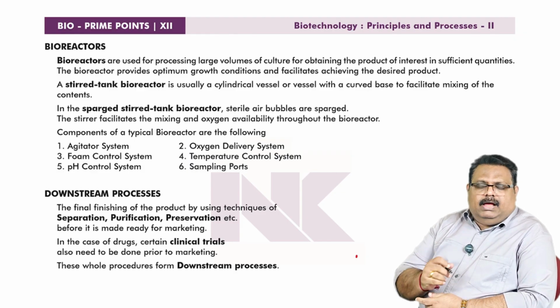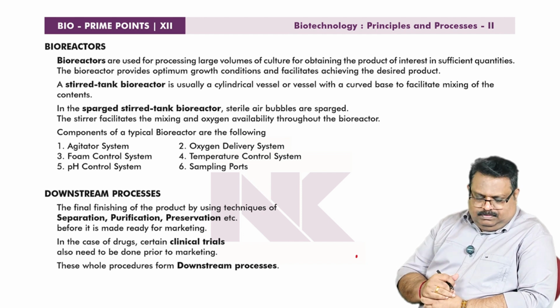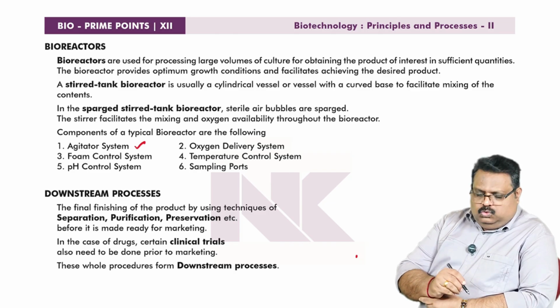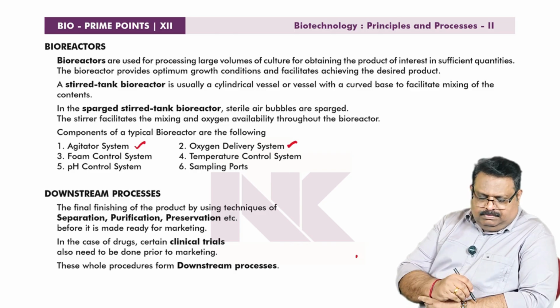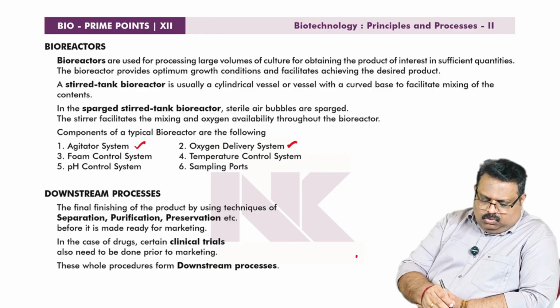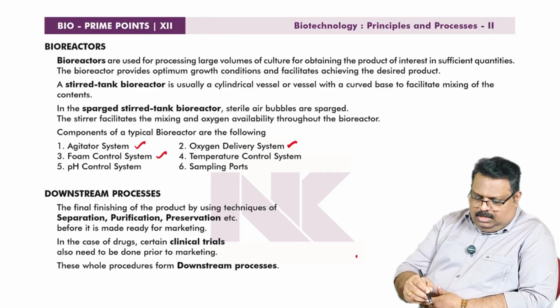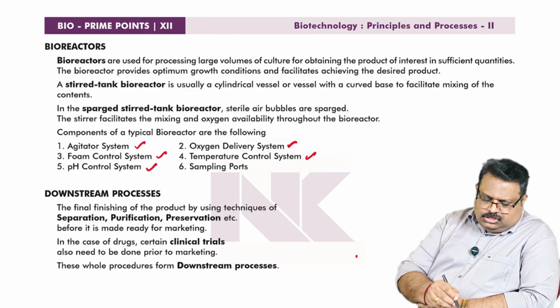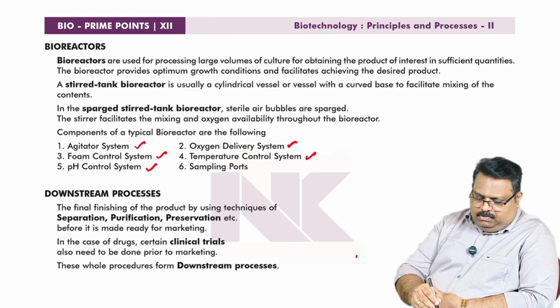So when we are describing a bioreactor, a bioreactor must have 6 important components. 1. Agitator system. 2. Oxygen delivery system. 3. Foam control system. 4. Temperature control system. 5. pH control system. And 6. Sampling port.